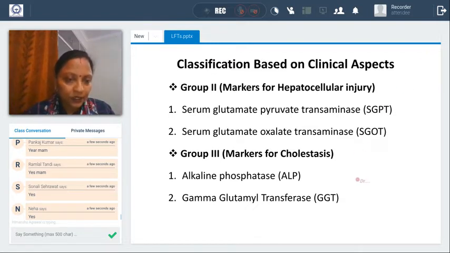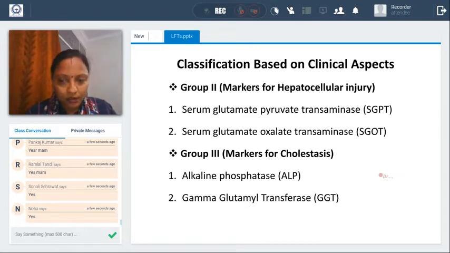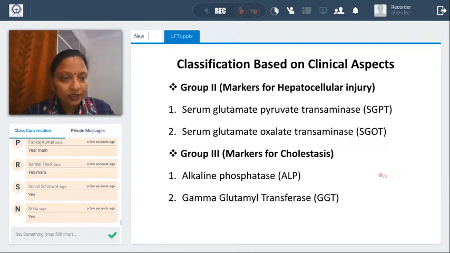Suresh, please write in the box enzymes which are important for the diagnosis of cholestasis.